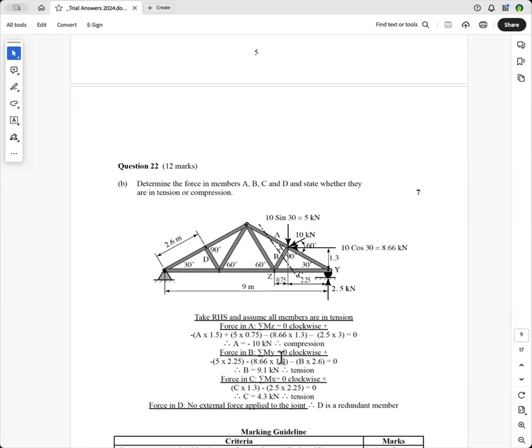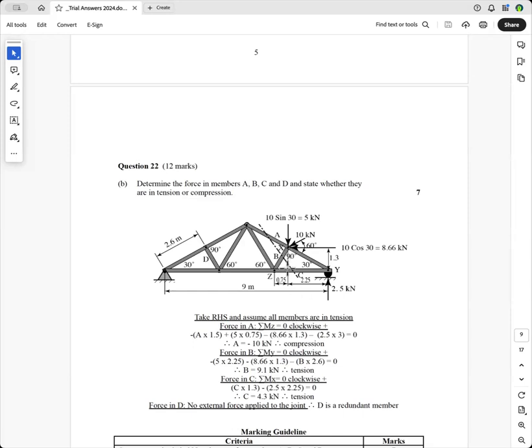Now the force in C, for sum of the moments about X, we're going to find C with this one here. So we're going to take moments about that joint there. And it's a simple equation because we're taking moments about that joint. The moment of all those forces about that joint are 0, and about the forces going through B and C, it's 0. And so we've got C times 1.3.